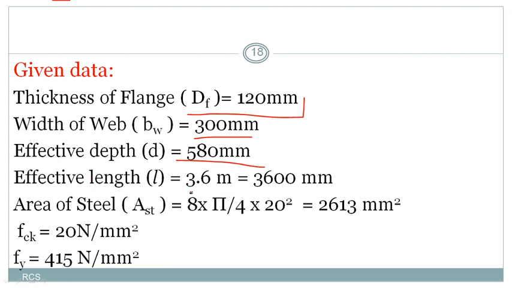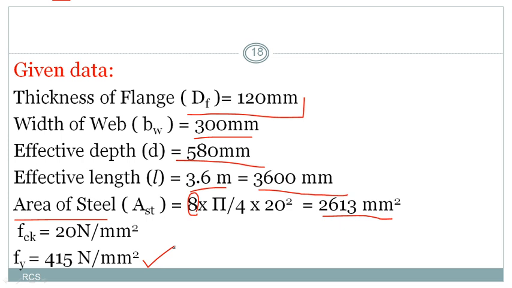The effective length is 3.6 meter, that is equal to 3600 mm, and the area of steel is given as 8 bars of 20 mm dia. So 8 into pi by 4 into d square, where d is 20. Altogether we get the area of steel AST provided in the tension zone of the T-beam as 2513 mm square, FCK is 20 Newton per mm square, and Fy is 415 Newton per mm square.